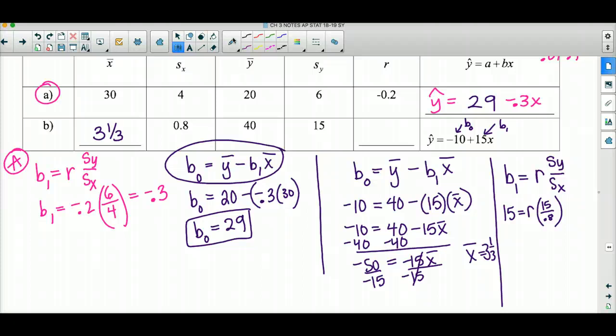So 15 equals R times 18.75. So R equals 15 divided by 18.75, which is like a Christmas miracle. We got back R is 0.8. Very nice.